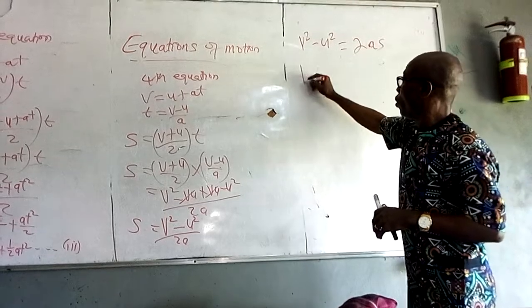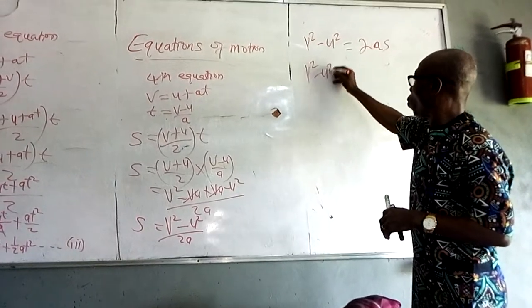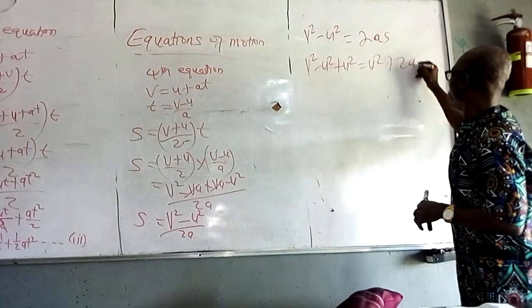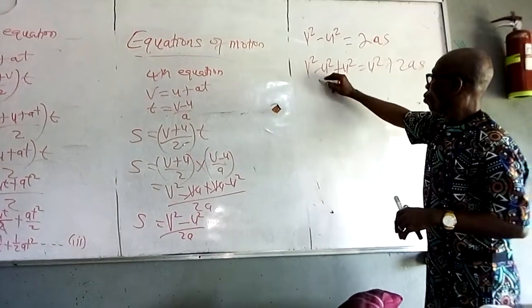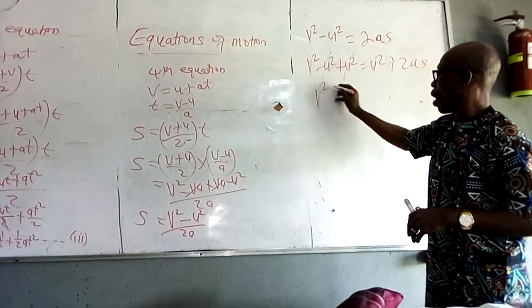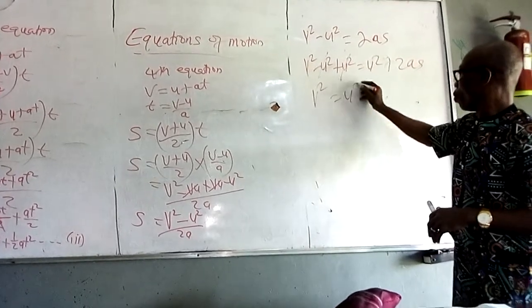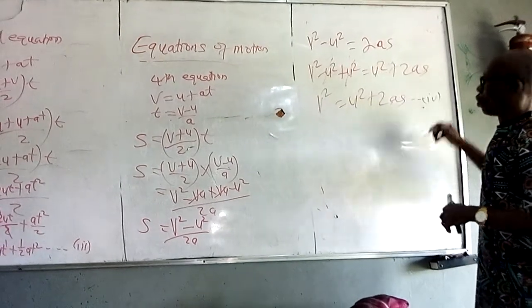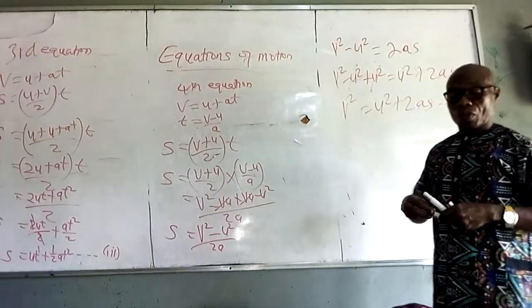So this becomes v squared minus u squared plus u squared is equal to u squared plus 2as. Minus u squared plus u squared will cancel out. So this becomes v squared is equal to u squared plus 2as. And this is the fourth equation of motion.